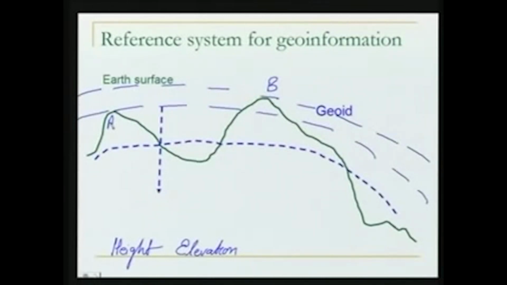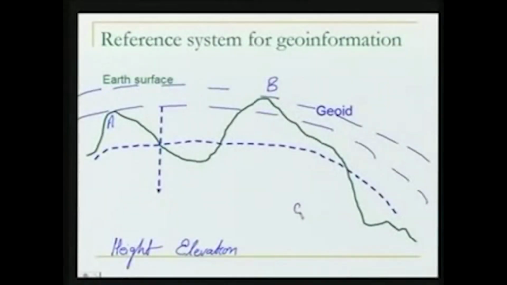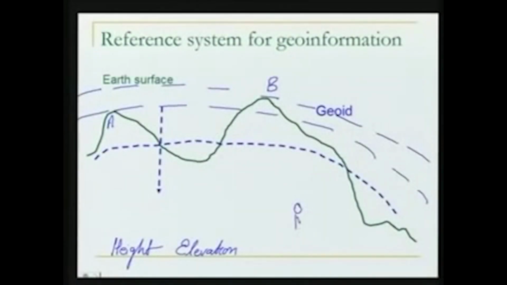Now one thing we observe here, what is the meaning of height in surveying? In our general engineering, the meaning of height is, if you put a water droplet anywhere, that water droplet will flow as per the gravity. So the water droplet will always try to come down as per the gravity.